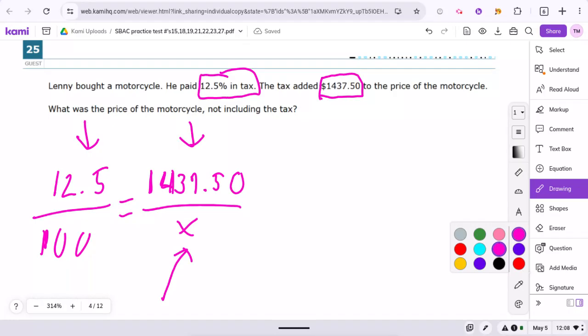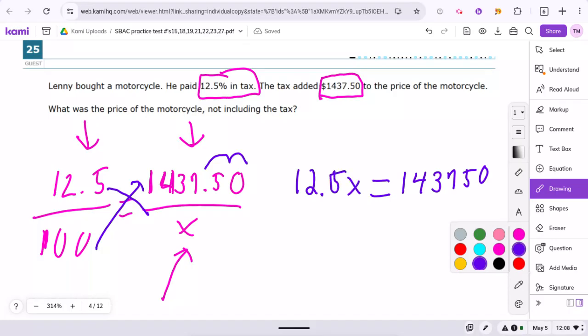So from there, you would just cross multiply and divide. So you would do 100 times this, and basically that would move the decimal over 2 places. So you'd have 143,750, and then on this side you'd have 12.5x, and then you'd want to solve for x.